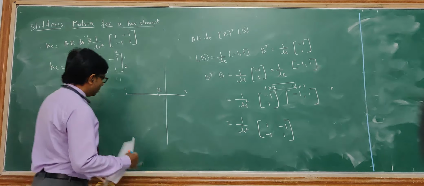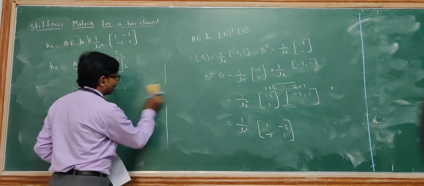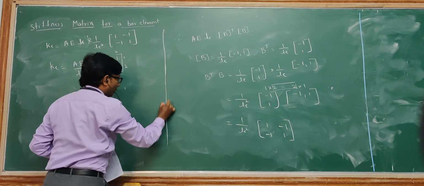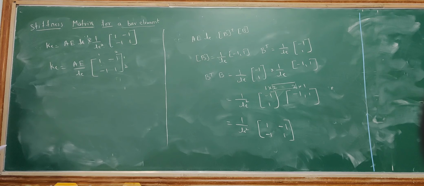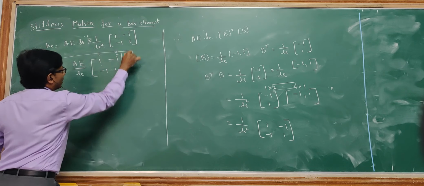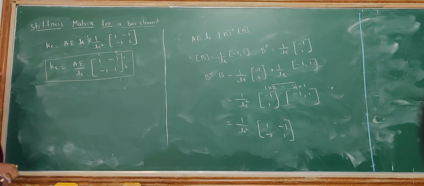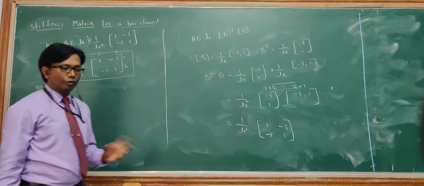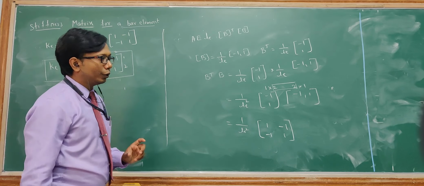This is how we have calculated the value of the stiffness matrix. This is an important derivation, and this is the final equation for a 1D bar element. What we have done is taken the strain energy for a 3D body and converted it into a one dimensional element.